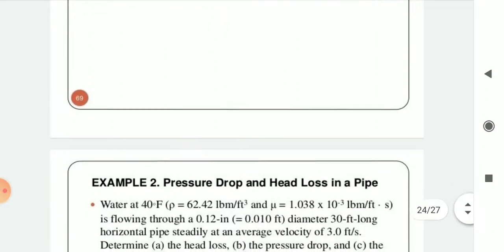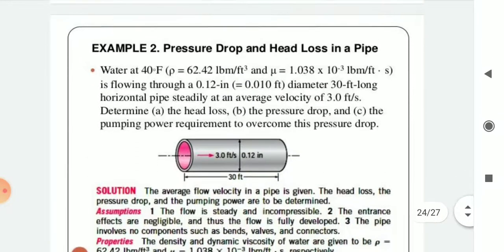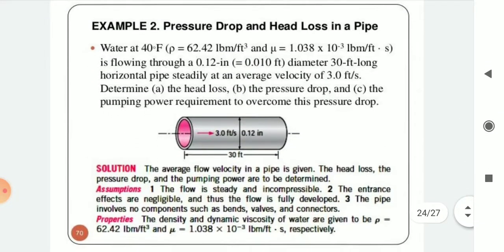Then the second example: pressure drop and head loss in a pipe. We have the image of a horizontal pipe, length 30 feet.